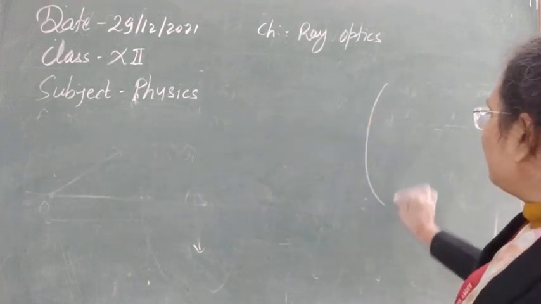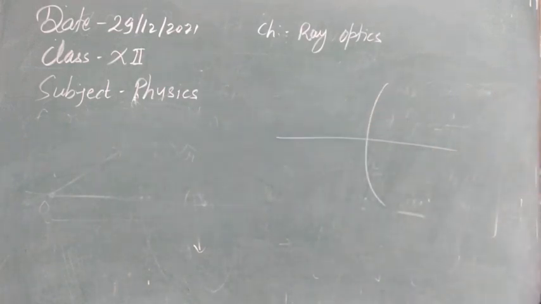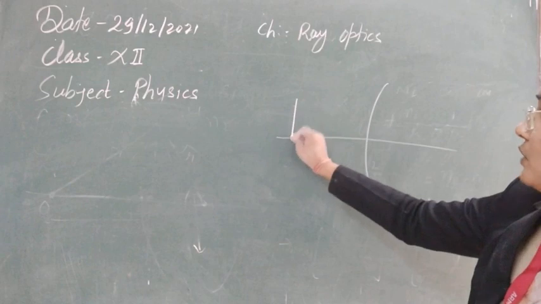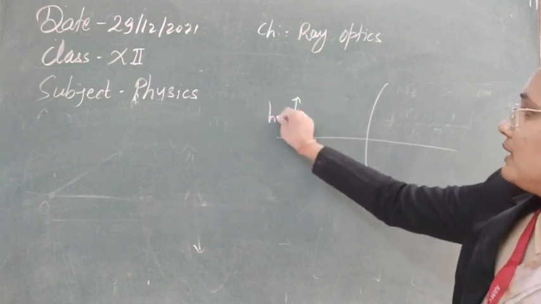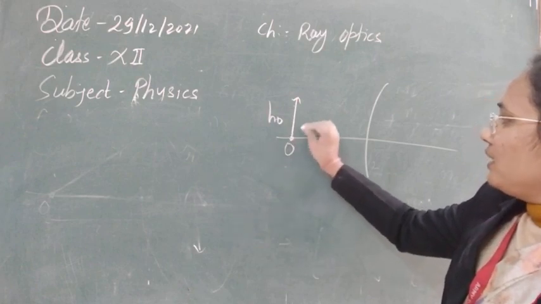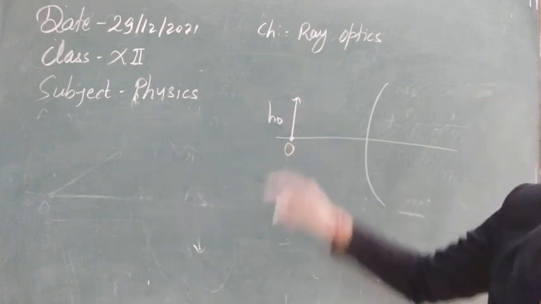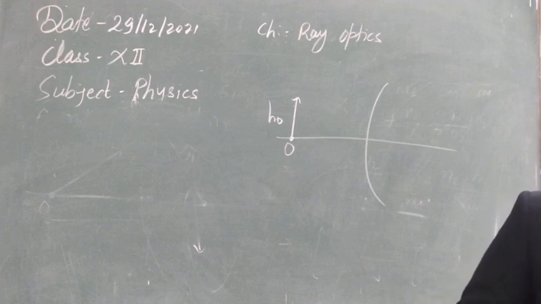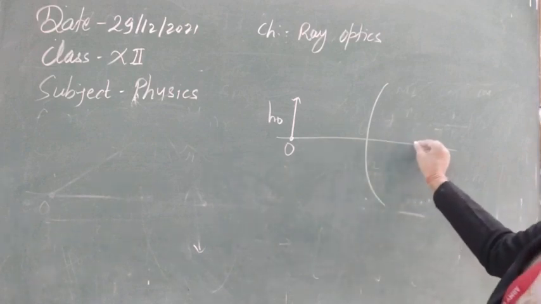If you again have this type of spherical surface, and at this spherical surface you have some extended object, this kind of object that has some object height here. So this is the object point and this is the height of the object HO. Now one ray passes through its center.